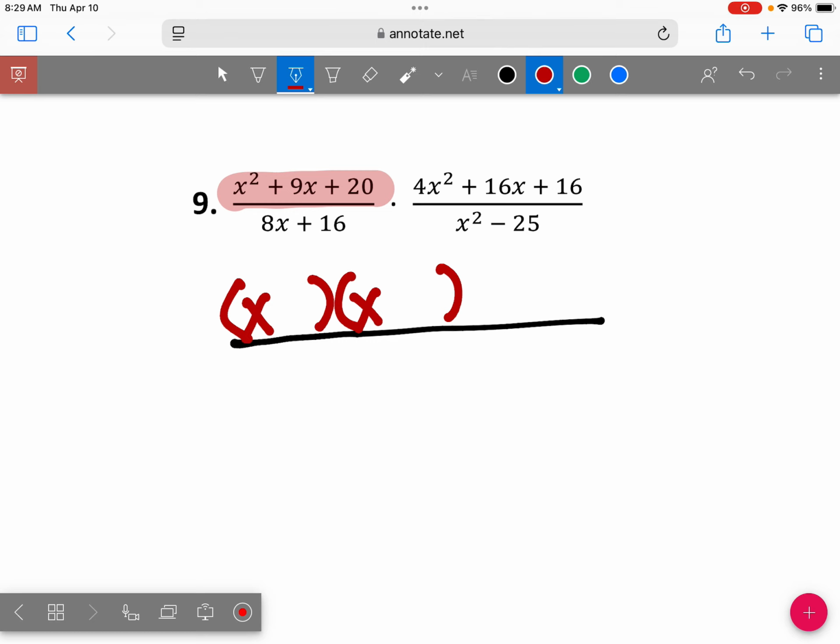Anybody know my numbers? 5 and 4. So I got a +4 and a +5.